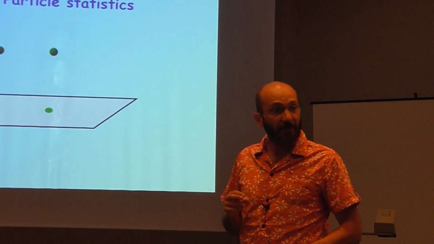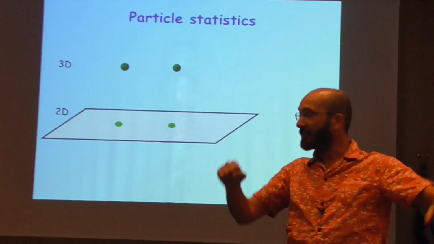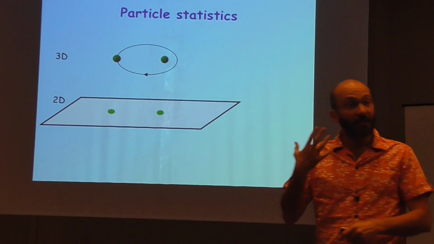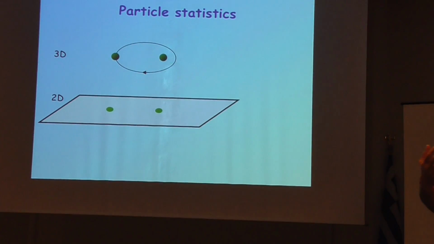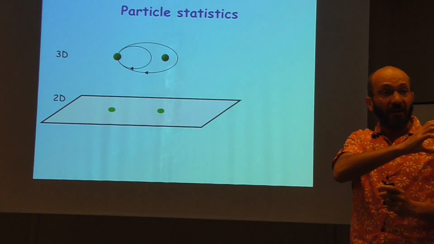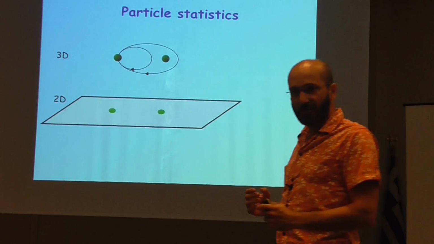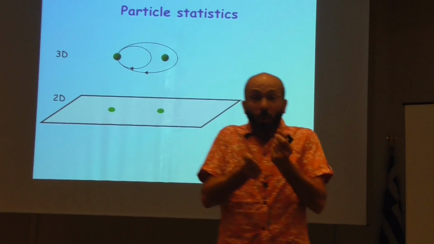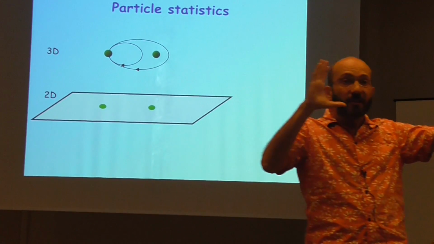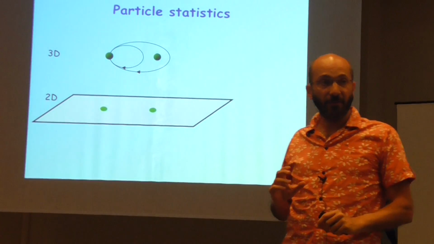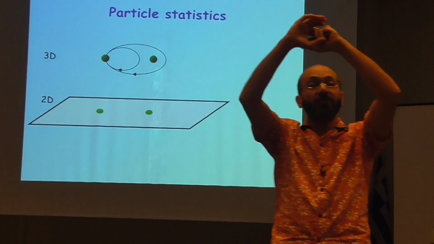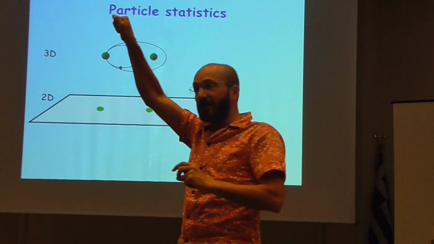So let's look at 3 dimensions. I have the 2 identical particles there, and I move one around the other. But this path I can change its shape, and I can deform it to a path which is inside, bypassing the particle. So it's a continuous change of the path. The wave function after the circulation should be the same under continuous changes of the path. And of course, this smaller path I can contract to the trivial path where no circulation takes place.